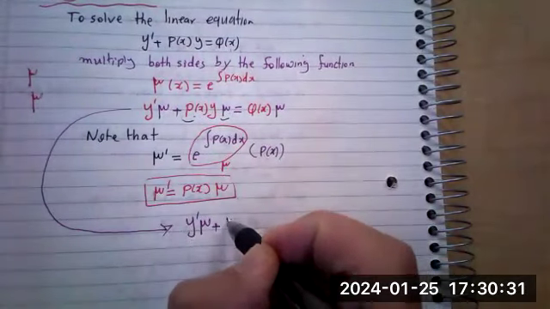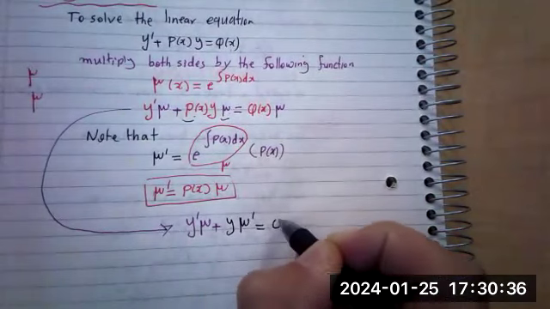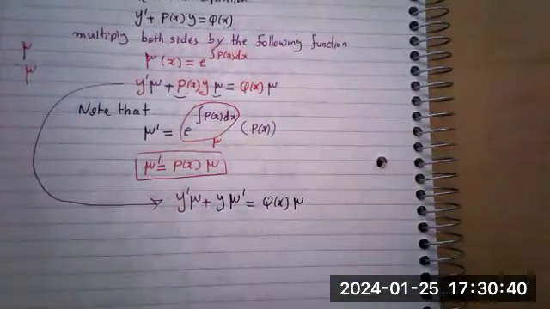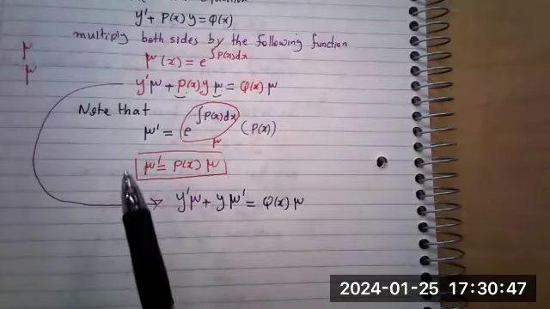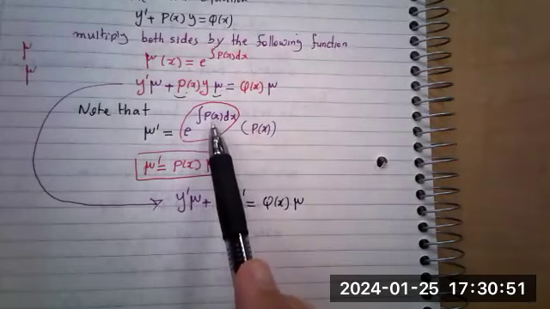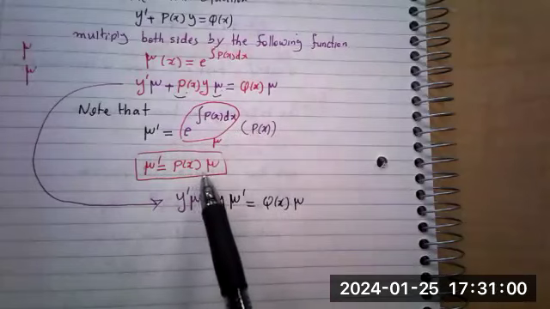So it's y prime mu plus y times mu prime equals q of x times mu. Any question? What I did was investigate the derivative of the mu function. It's an exponential function, it never changes, you just multiply by u prime, which is p of x. So we find that the derivative of mu is p of x times mu.